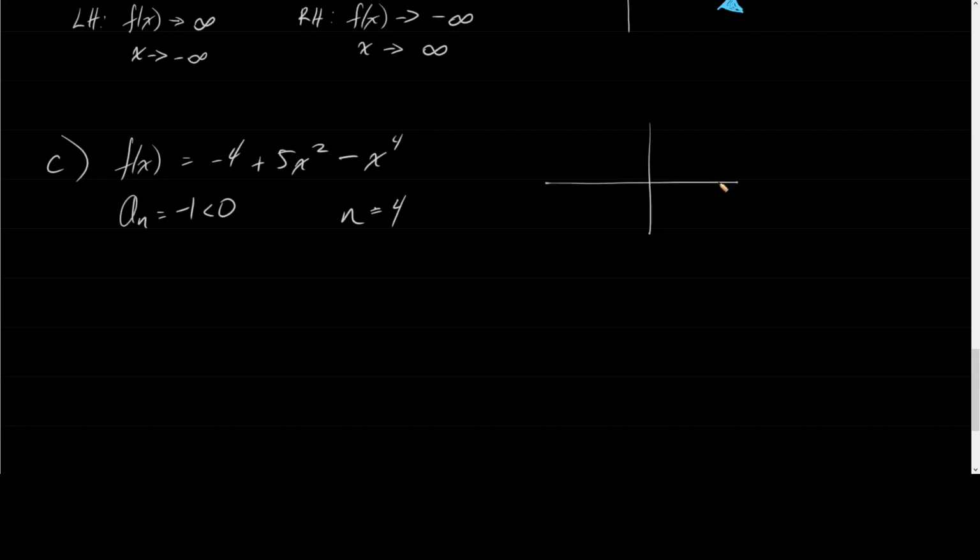Well, let's recall. Negative leading coefficient, degree 4 means we start at the bottom left and we end at the bottom right. All right.